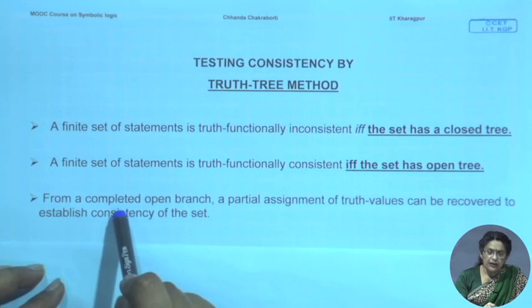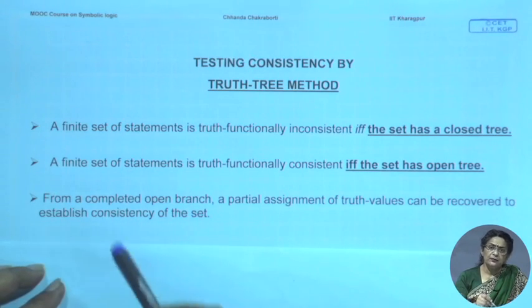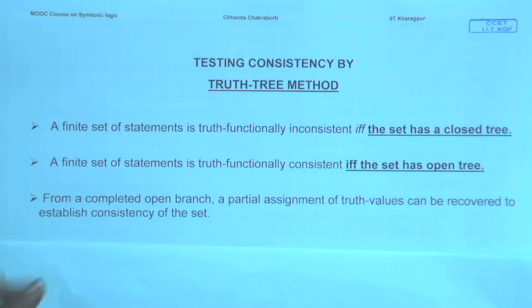So, whenever you see a completed open branch, try to recover the partial truth value assignments, and that will tell you under what conditions the propositions are all going to come out to be true.